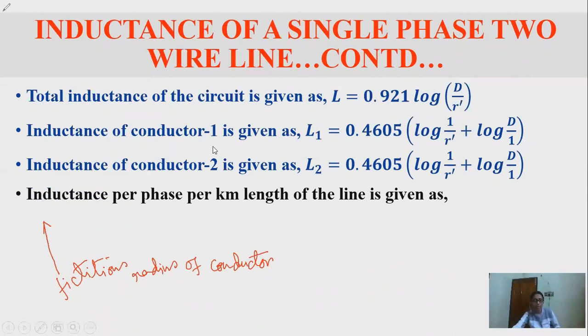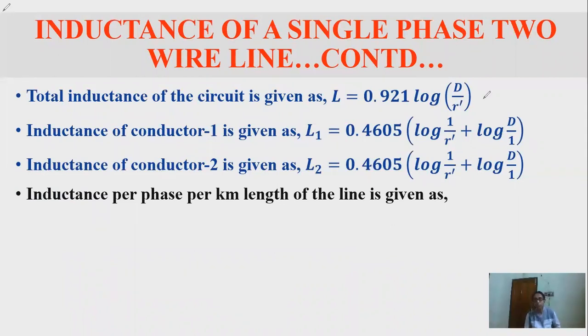Now, again consider the expression for the inductance of conductor 1 as well as conductor 2. Here L equals 0.4605 log D by R dash. If we assume that the two conductors are identical in nature or have equal radius, then we can write R1 dash equals R2 dash equals R dash.